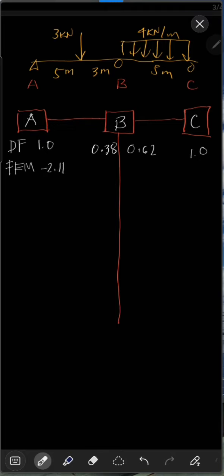Again, when writing FEM, negative on the left, positive on the right. So that is positive 3.52 for the right. Then on the left for BC, we have negative 8.33. Negative WL squared over 12 and positive WL squared over 12.